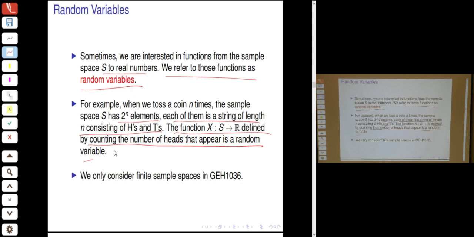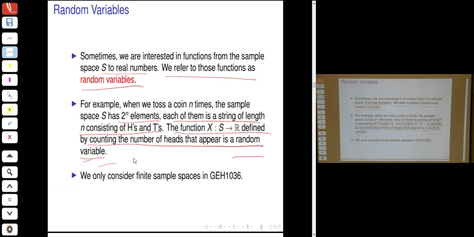Since the specific string you are working with is of length n, and is a random string because the experiment is random, therefore, the function which counts the total number of h's in the string also has a random output, right? So, this function is a random function and it is called a random variable.